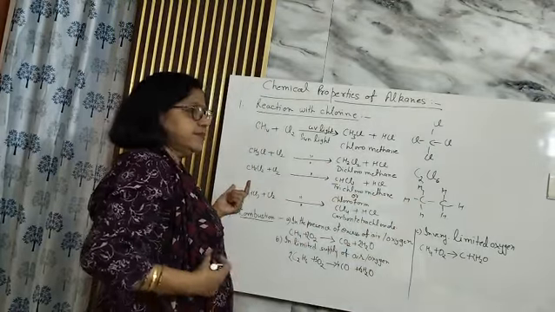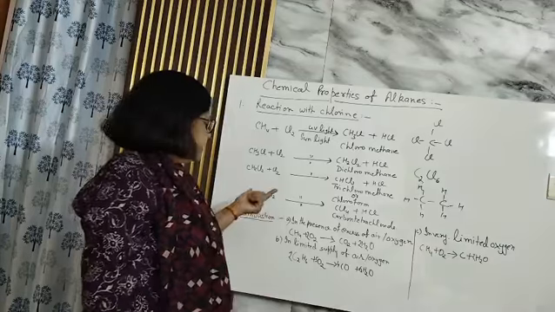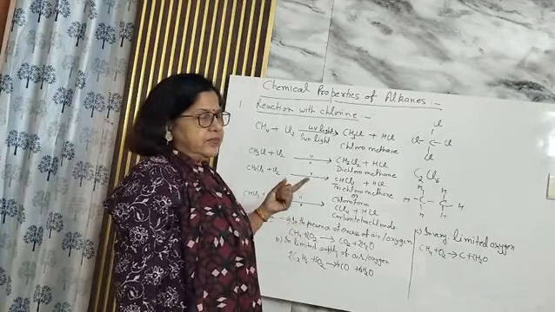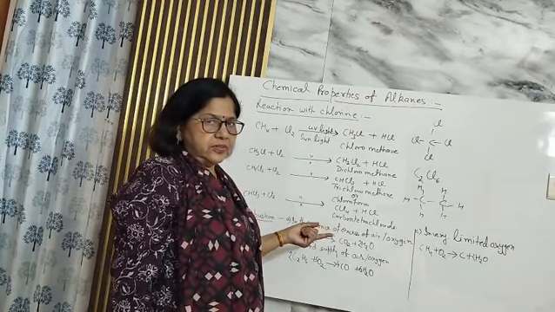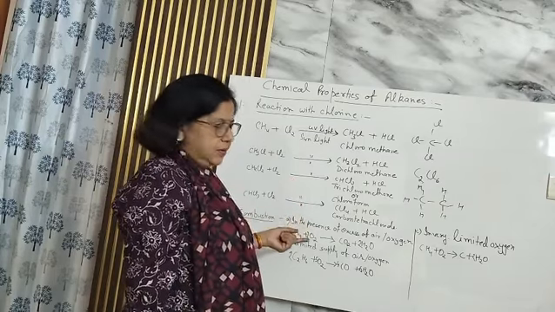Now the next reactions are combustion reactions. In the combustion reaction, children, you should be knowing, because it is a universal fact, right? A universal fact is whenever a hydrocarbon is burned in a sufficient amount of oxygen, it always gives what? Carbon dioxide and water.